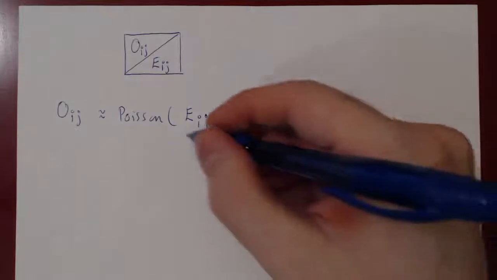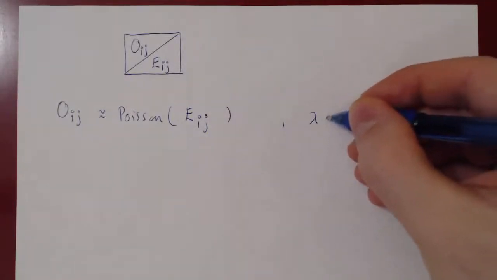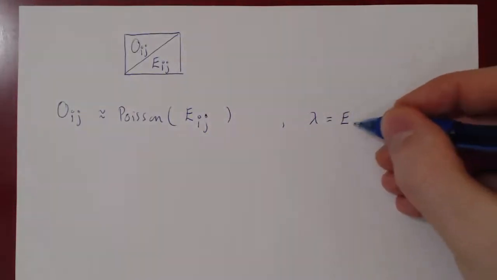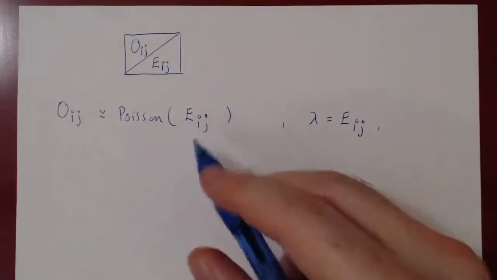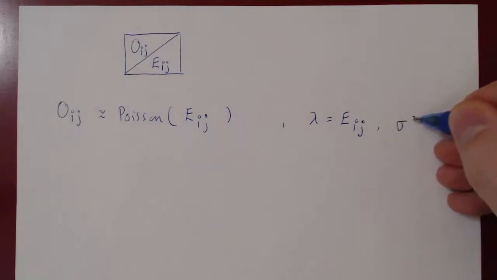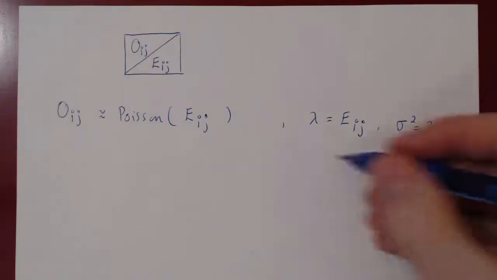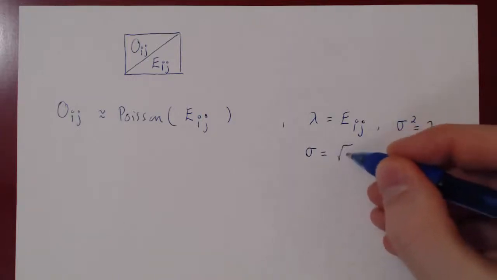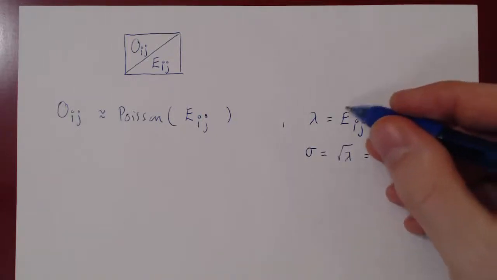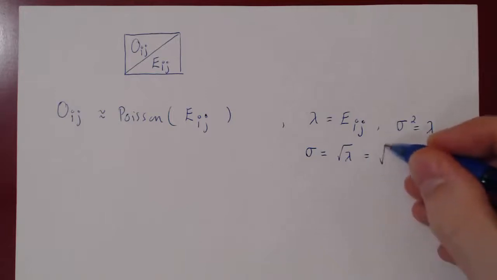If you remember, this is what we call lambda, which is the mean of the distribution. What was nice about the Poisson distribution was that its variance was also lambda. Therefore, the standard deviation is the root of lambda, which is the root of the expected value EIJ.